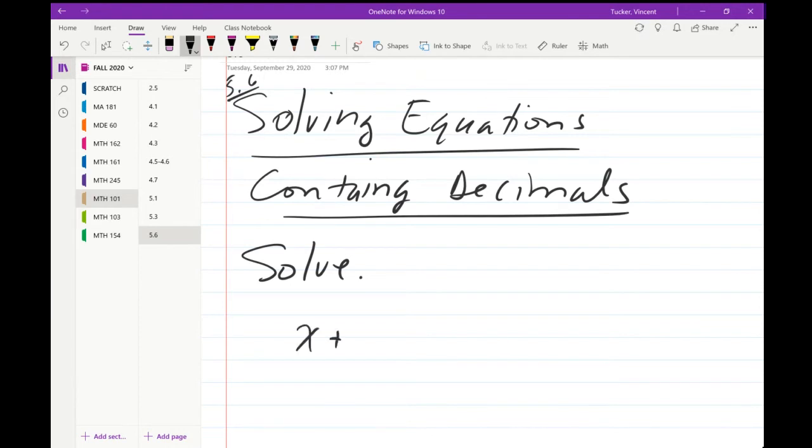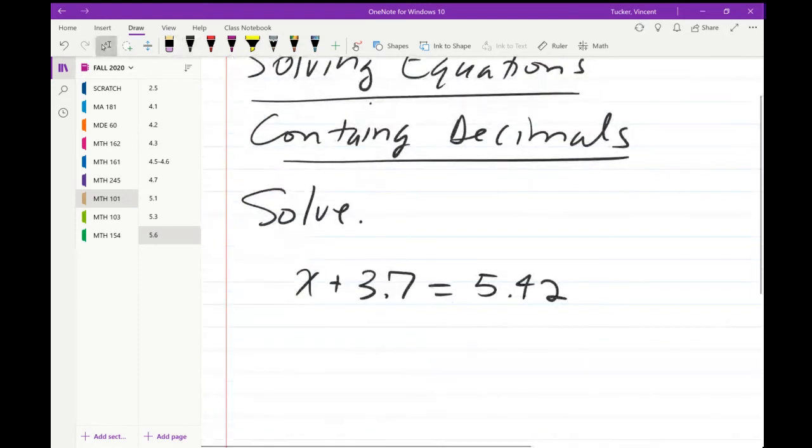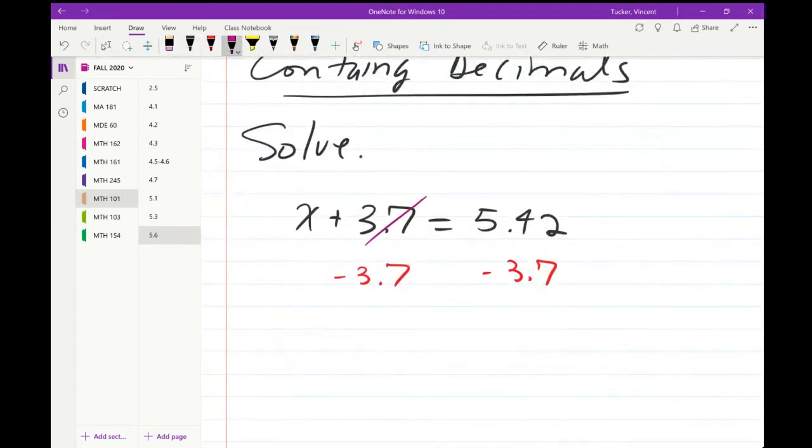As a simple example, if I have x plus 3.7 equal to 5.42, and I wanted to solve for x, then I would subtract 3.7 from both sides. The .7 will cancel on the left. x is equal to 1.72.